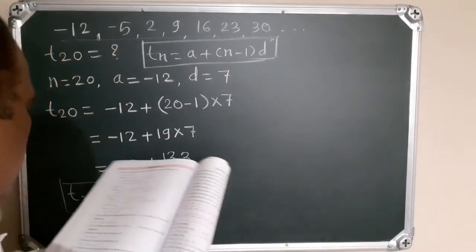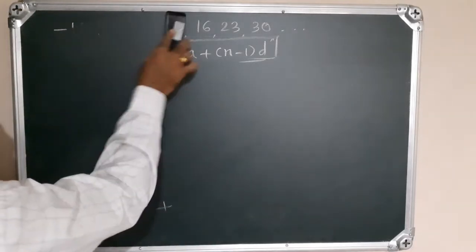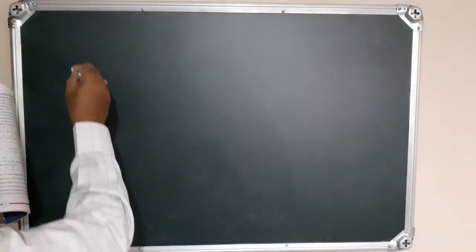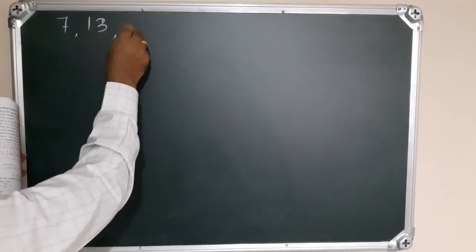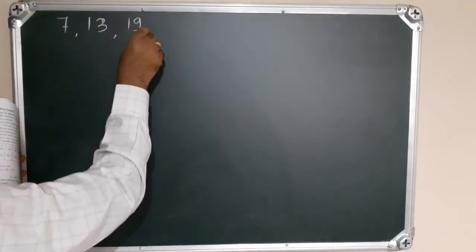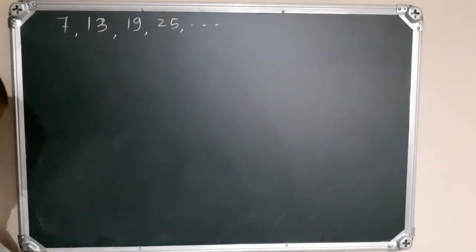Find the 19th term of the following AP. They have given an AP and we have been asked to find the 19th term. So they have given 7, 13, then 19 and 25 and so on. This is an AP.